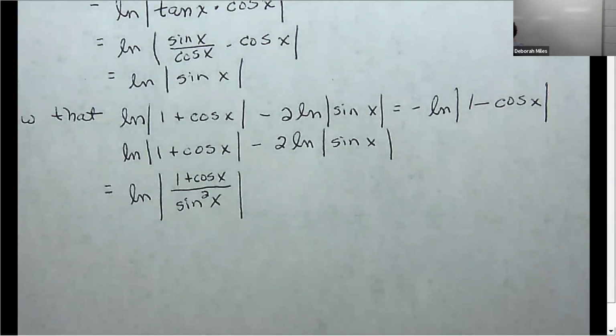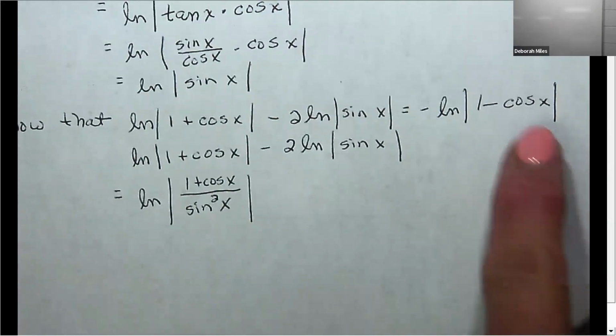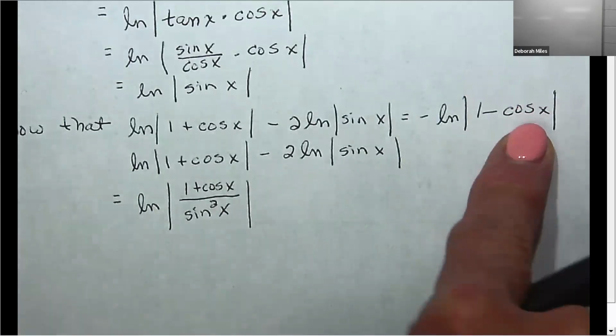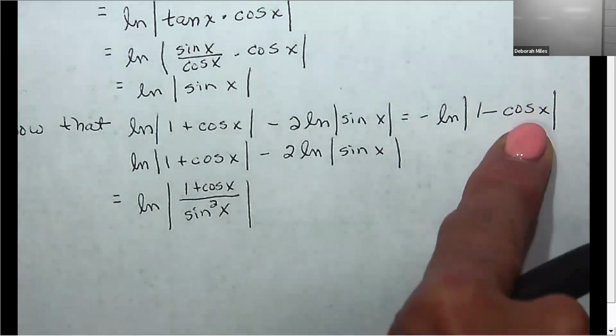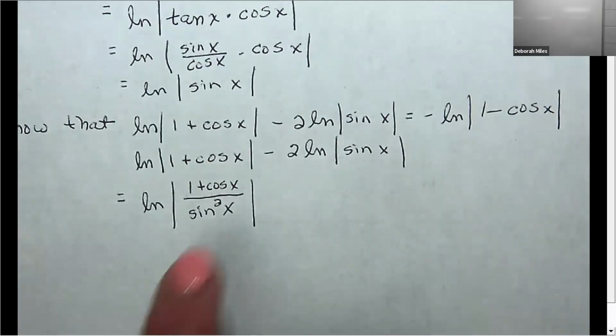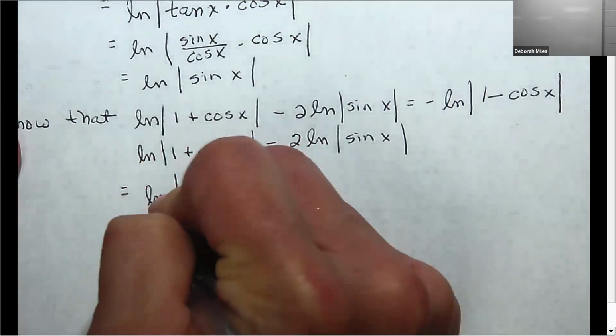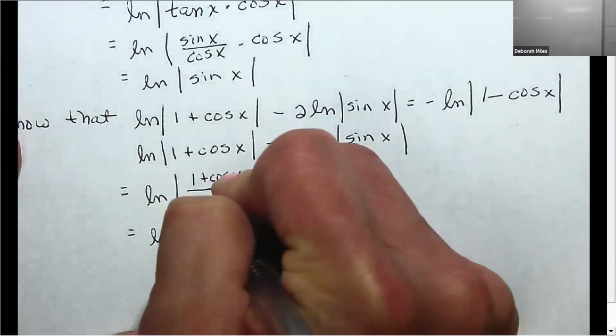All right, then what? That seems like a good thing to do because I keep glancing up here and I notice that my right-hand side only has cosines in it, doesn't have sines, but I know how to change sine squared into an expression with cosine.